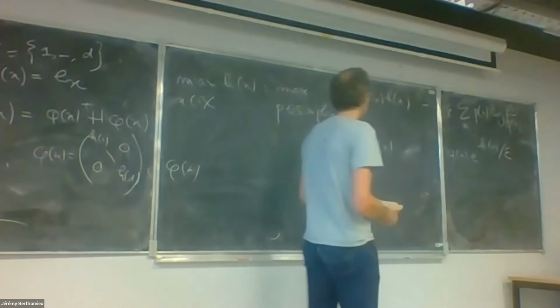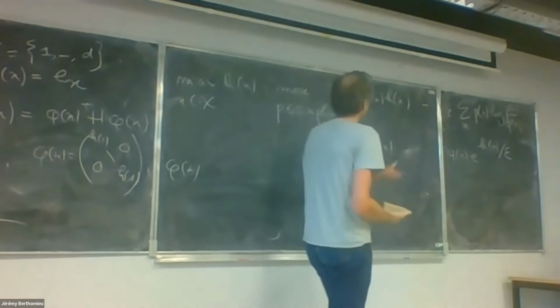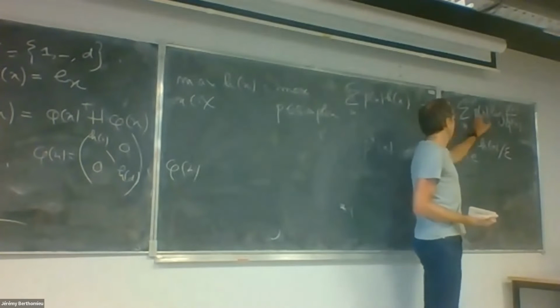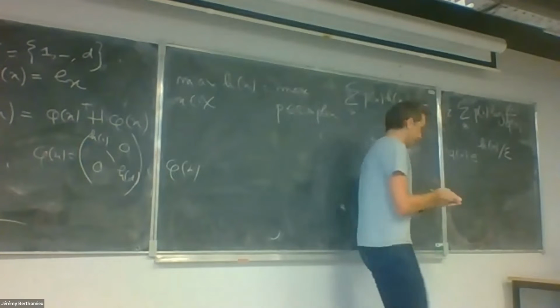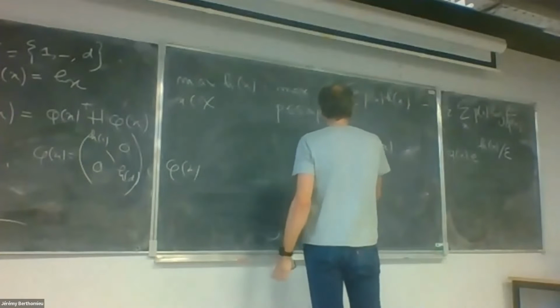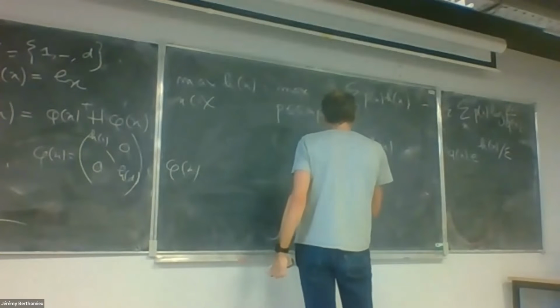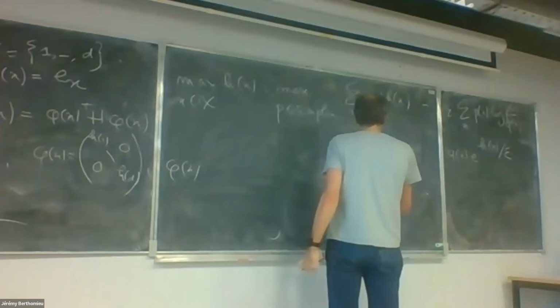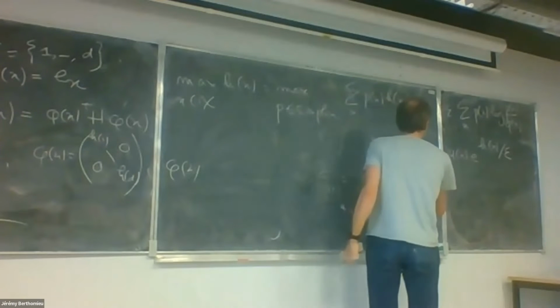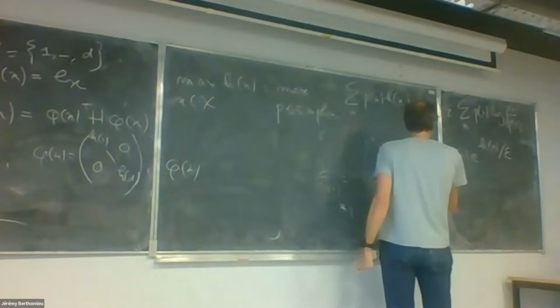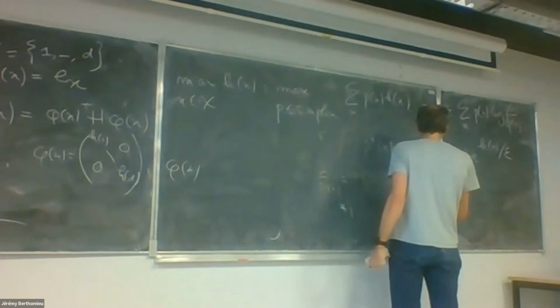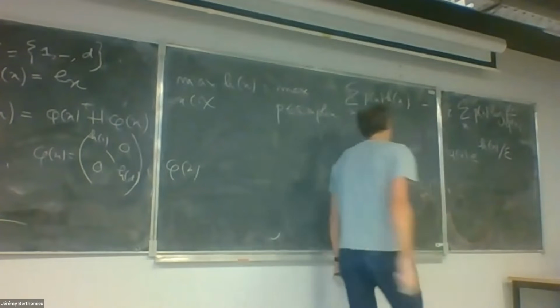Why? Because if you take the derivative with respect to P, you get h of x, you get epsilon log of P of x over Q of x plus constant terms.